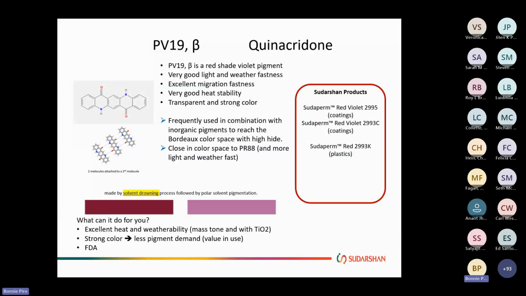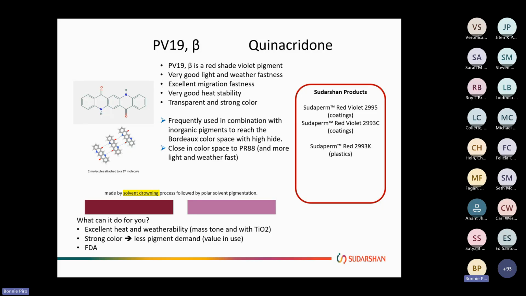As I mentioned in an earlier slide, it's a very strong color, so it gives you even more high value in use area. So that nice violet color can go a long way for your formulation. It does offer some interesting formulation options to be able to reach some very nice color spaces.